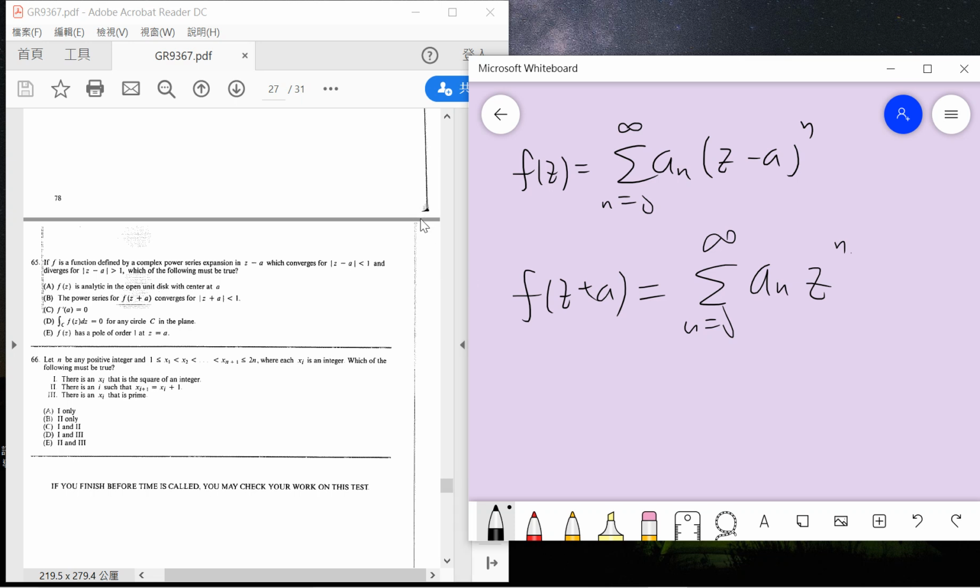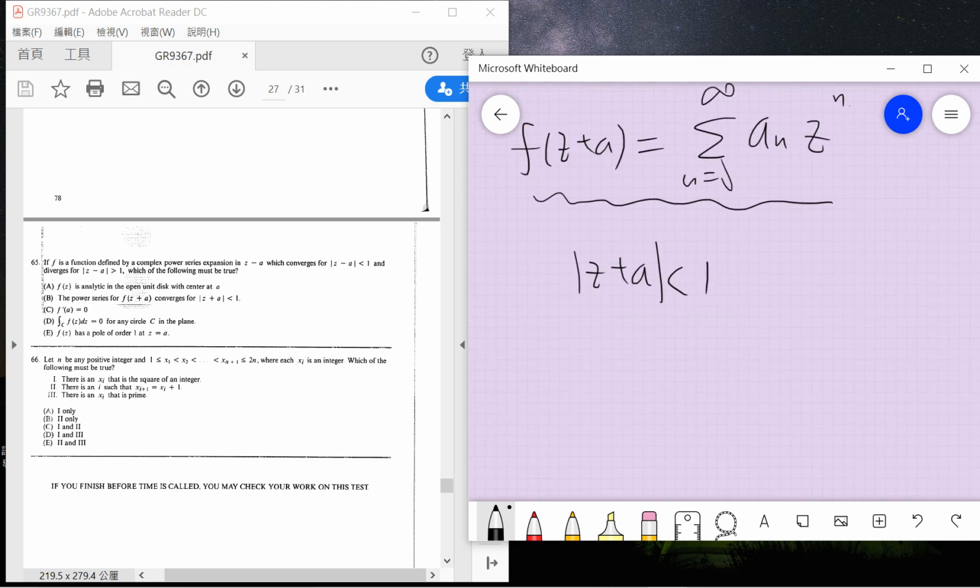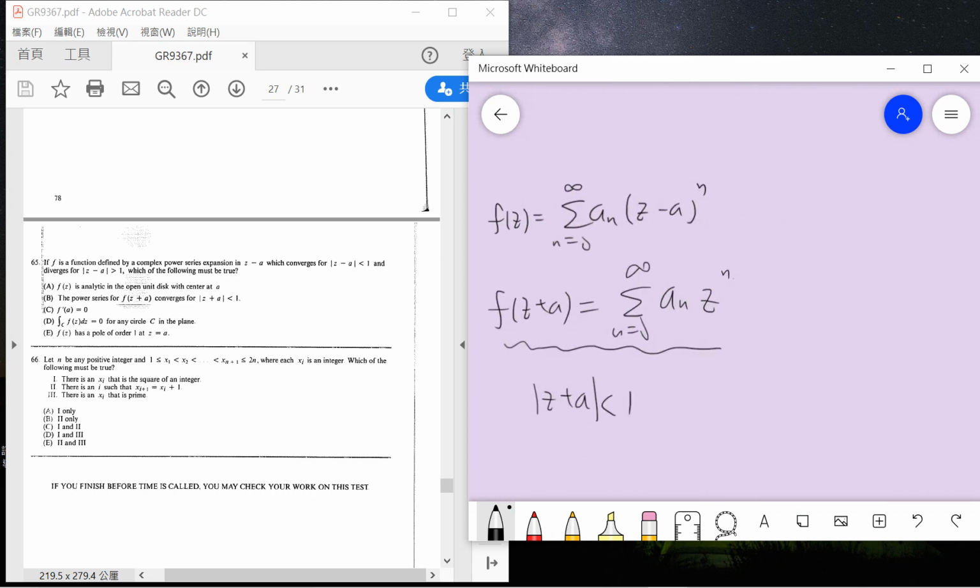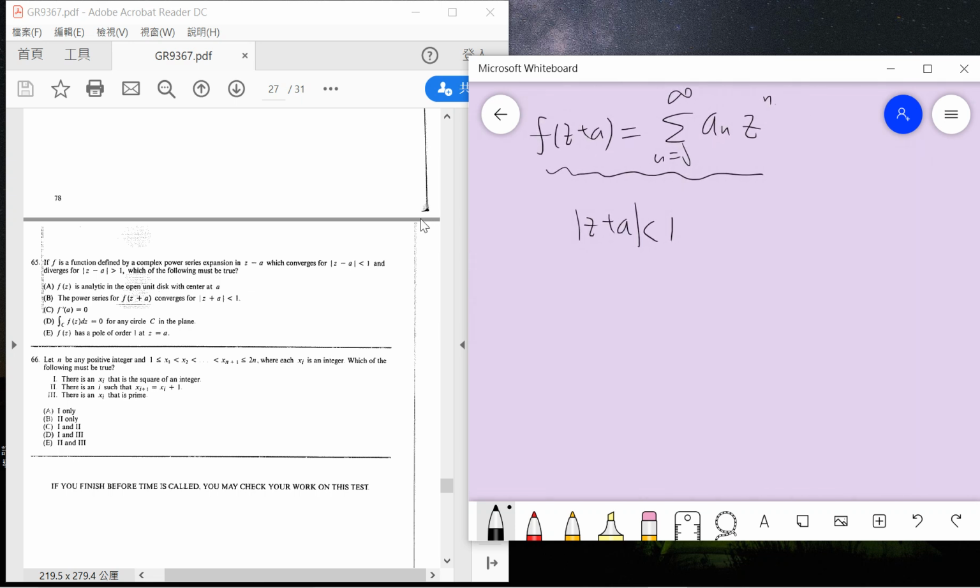So you said that this series will converge when the absolute value of z plus a is less than 1. Is this correct? Remember that we have z minus a, and when the absolute value of z minus a is smaller than 1, it will converge.